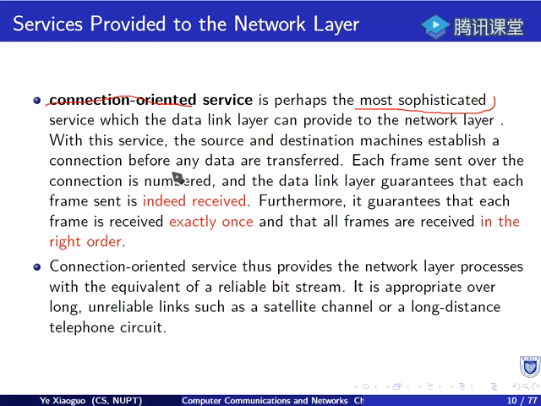Each frame sent over the connection is numbered, that means each frame has its sequence number, and the data link layer guarantees that each frame sent is indeed received. Furthermore, it guarantees that each frame is received exactly once, and that all frames are received in the right order.